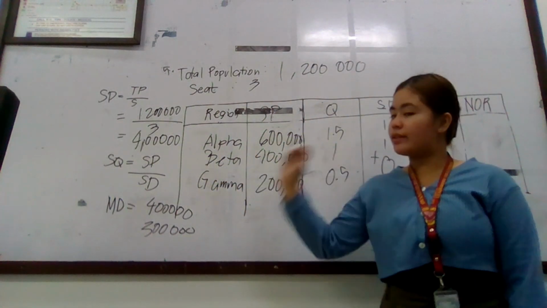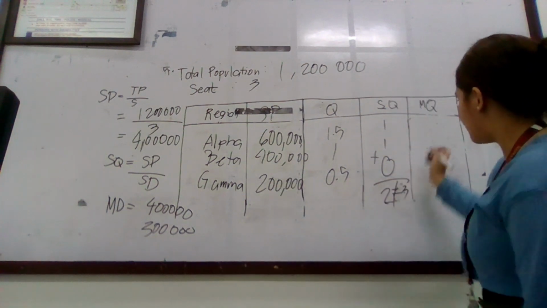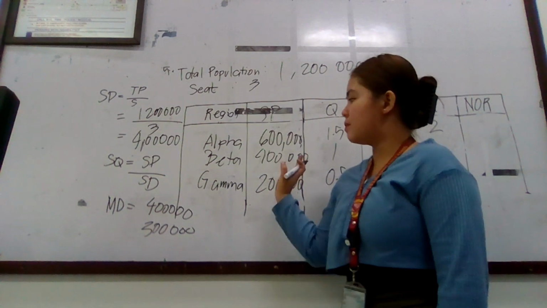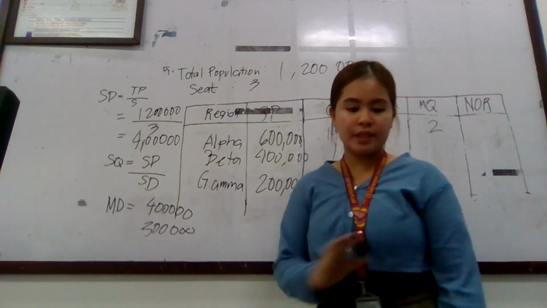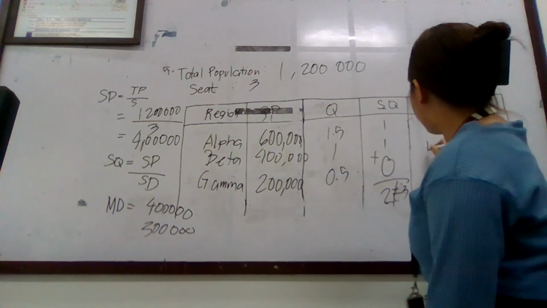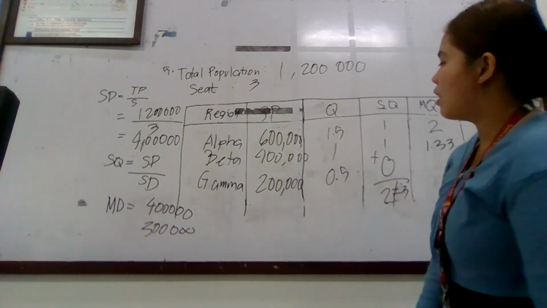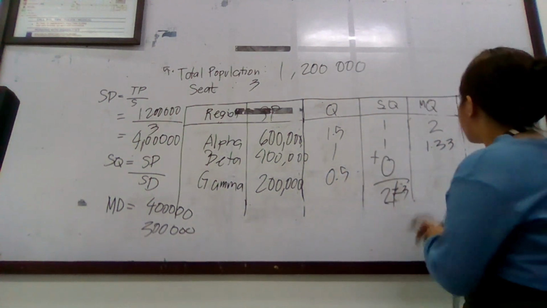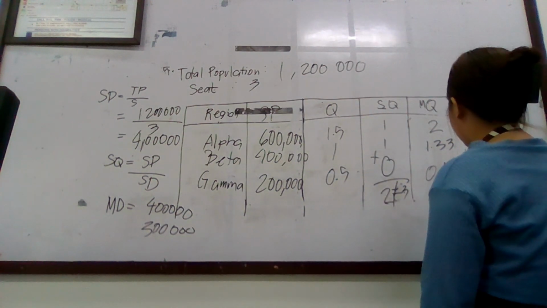600,000 divided by 300,000 will give us 2. 400,000 divided by 300,000 will give us 1.33. 200,000 divided by 300,000 will give us 0.66.